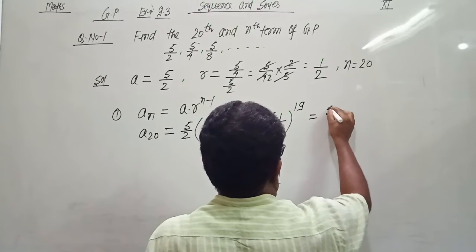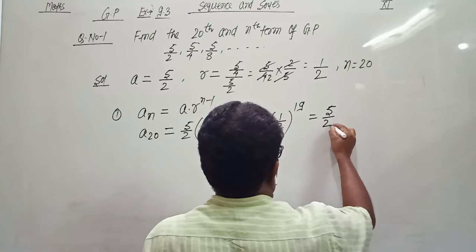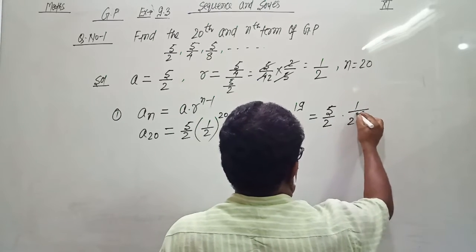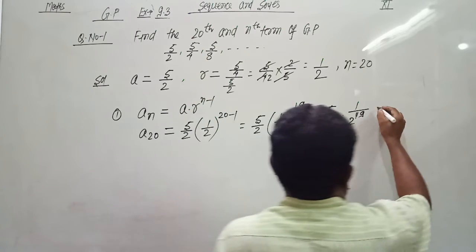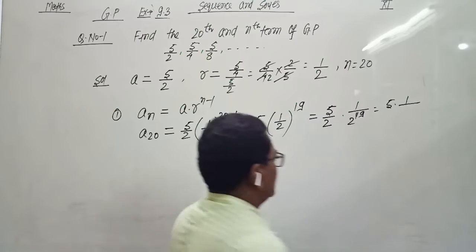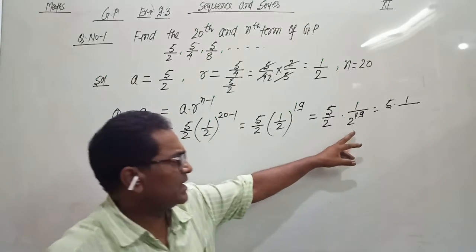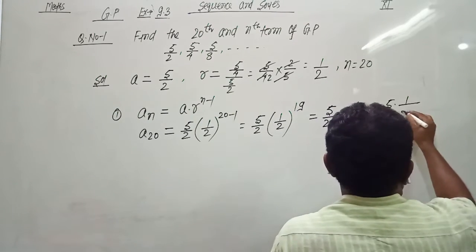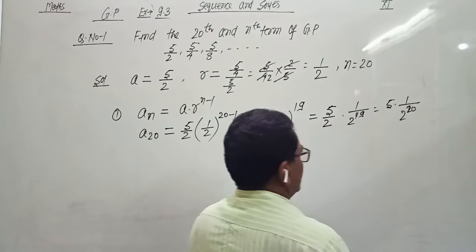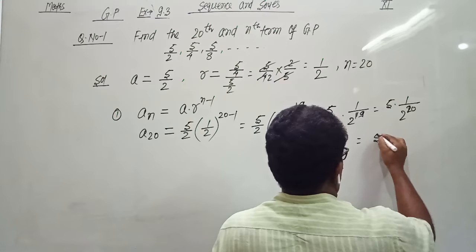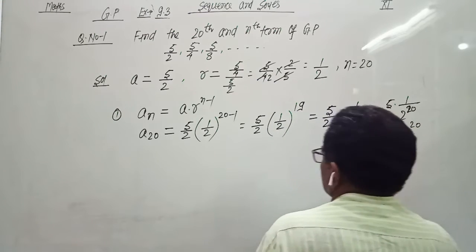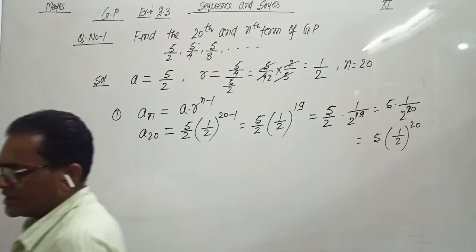This can also be written as 5 by 2 into 1 by 2 raised to the power 19, and which is given by 5 into 1 upon 2 raised to the power 1 and 2 raised to the power 19, means 5 into 1 upon 2 raised to the power 20. So 5 into 1 upon 2 raised to the power 20. This is the answer of the first one.